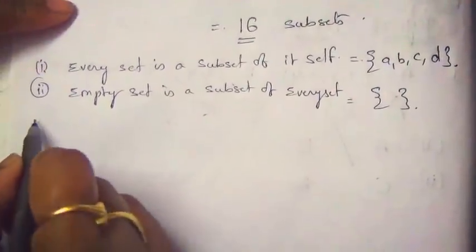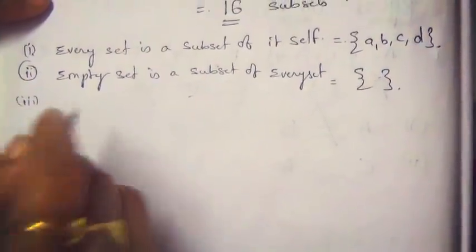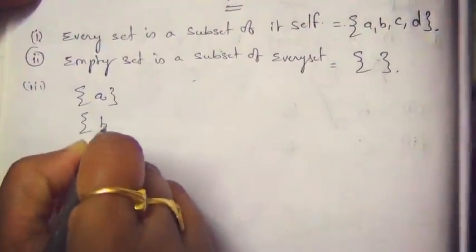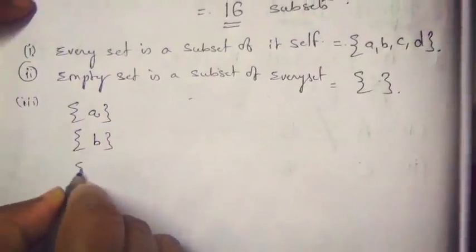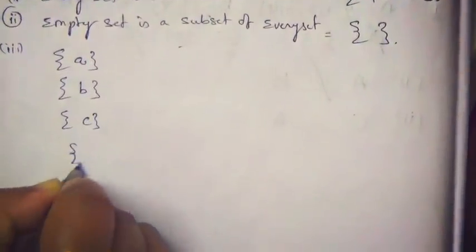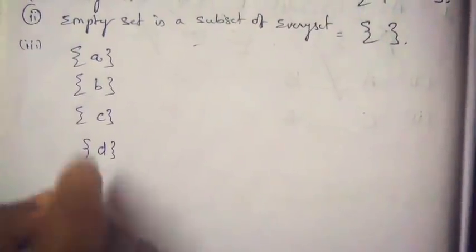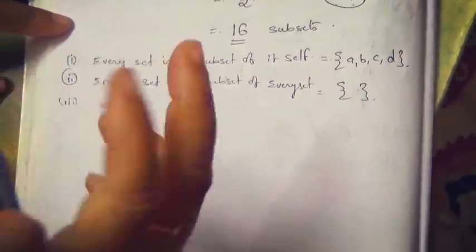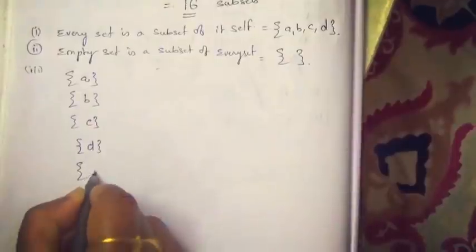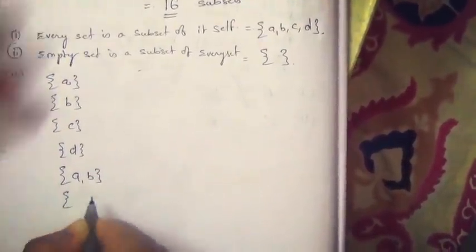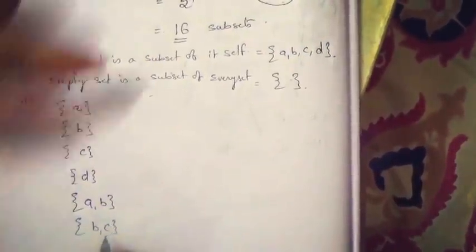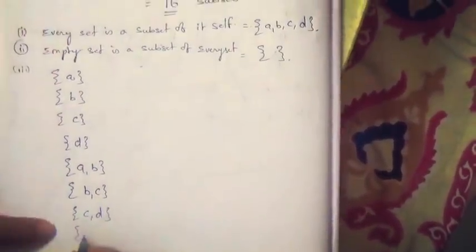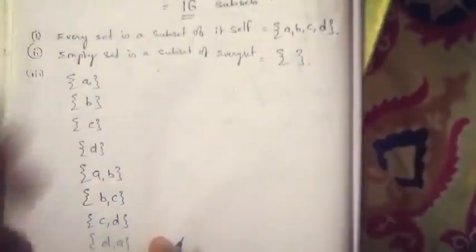Right? Then you have to write the single sets: A, then B is one of the subsets, then C, then D, right? So 4 elements, 4 singleton sets. Then double sets, 2 elements: first AB, then BC, then CD, then DA. Just like that you have to write, right?